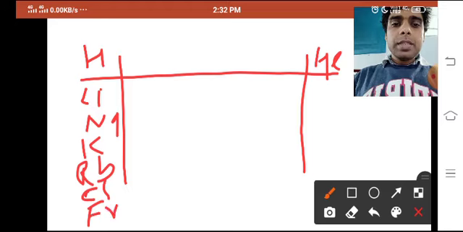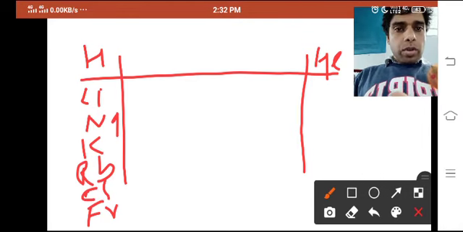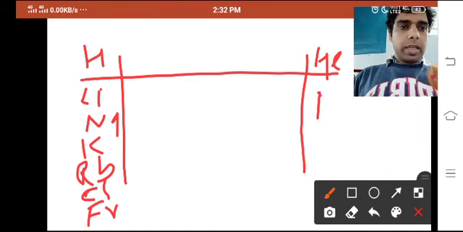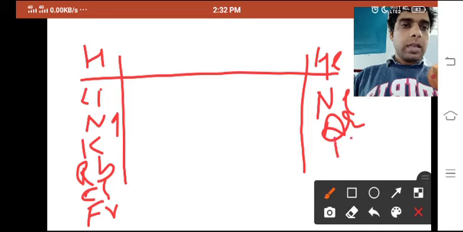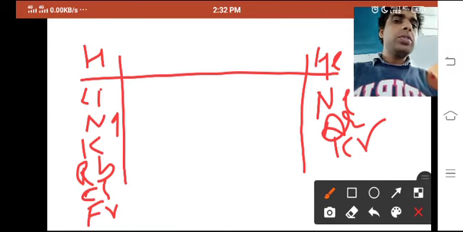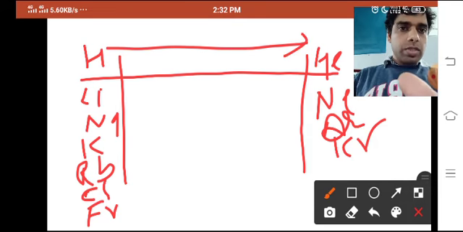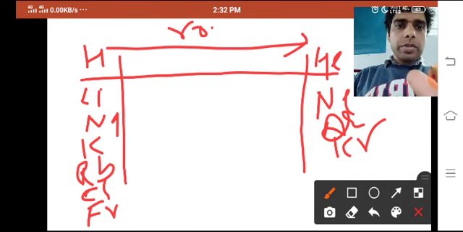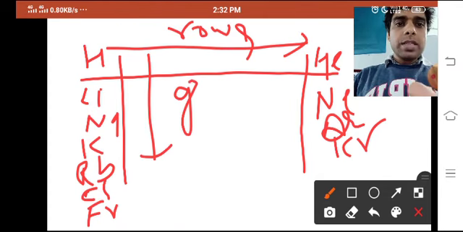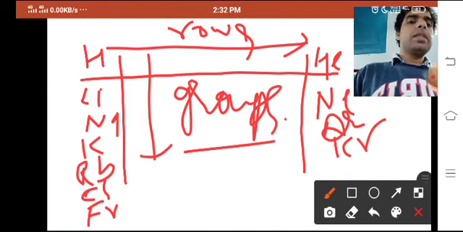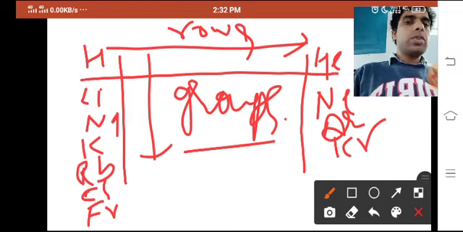Only one group I am drawing: helium, neon, then argon, krypton, xenon, radon. So horizontally I am going, this is known as rows. Vertically I am going, this is known as groups. The columns, going vertically, are known as groups.